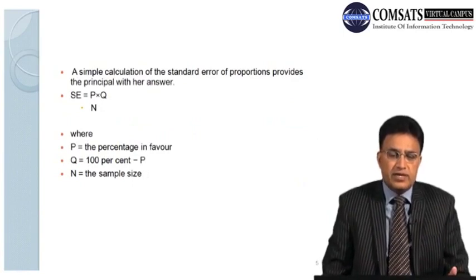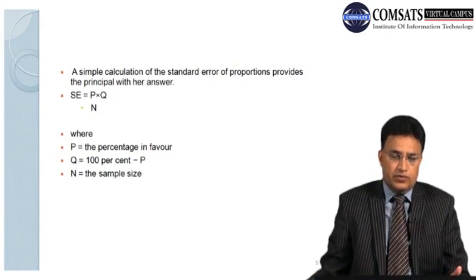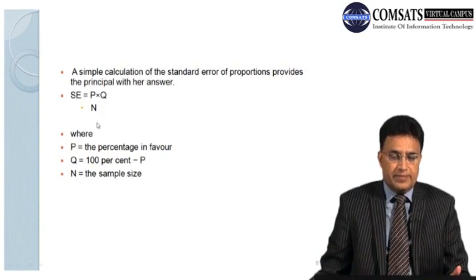A simple calculation of the standard error of proportions provides the principal with her answer. What she can do is this: the standard error is equivalent to the square root of P multiplied by Q, divided by N. I couldn't put it over here.